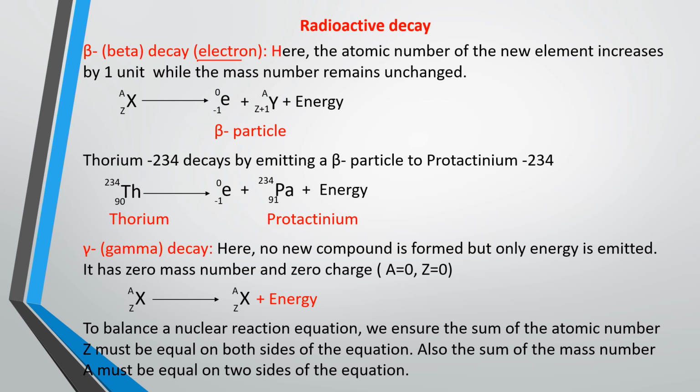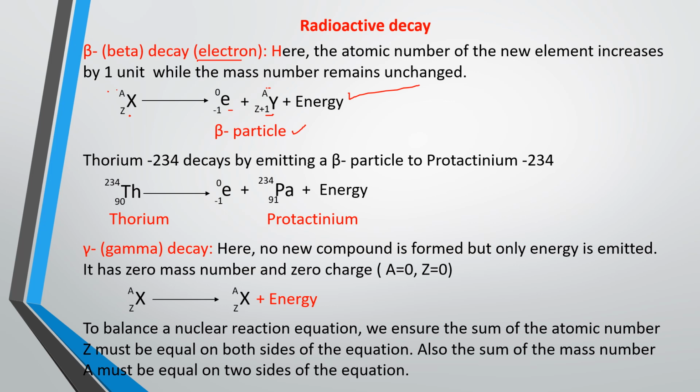In this particular case, X will release an electron to yield Y with the same mass number as X, but a different atomic number, with the release of energy. So this is a typical beta decay, and the beta particle is an electron. Please take note of this.